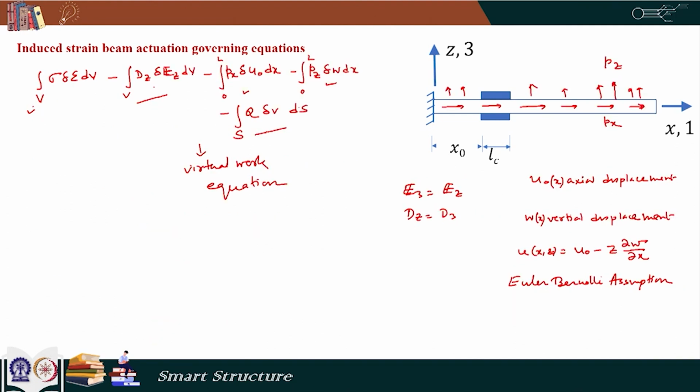Now, in our problem, when we have actuation, we are actuating these piezoelectric patches by voltage, so the voltage here and the electric field here are known to us, which means the variation of potential and the variation of the electric field are 0. So, we can discard this quantity and this quantity when we formulate it for the actuation problem.